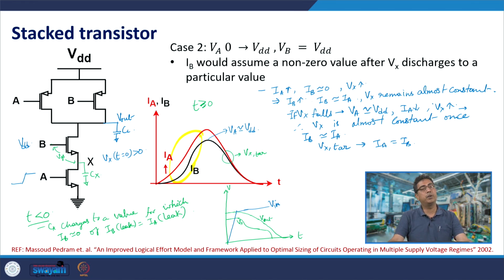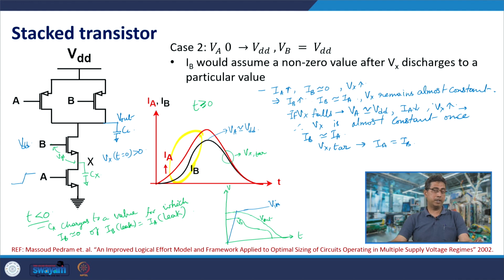That would result in an indefinite increase in Vx, but that is not happening. Once Ia is equal to Ib, Vx remains almost constant because any reduction in Vx would reduce Ia, and charging of Vx by Ib would again raise Vx. So there is a feedback here, that is why Vx remains constant, and that value we call Vx star in this paper.